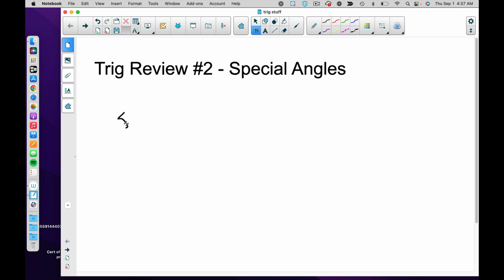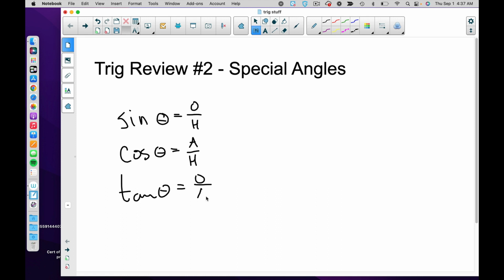Remember, we had sine of theta was opposite over hypotenuse, cosine was adjacent over hypotenuse, and tan was opposite over adjacent.